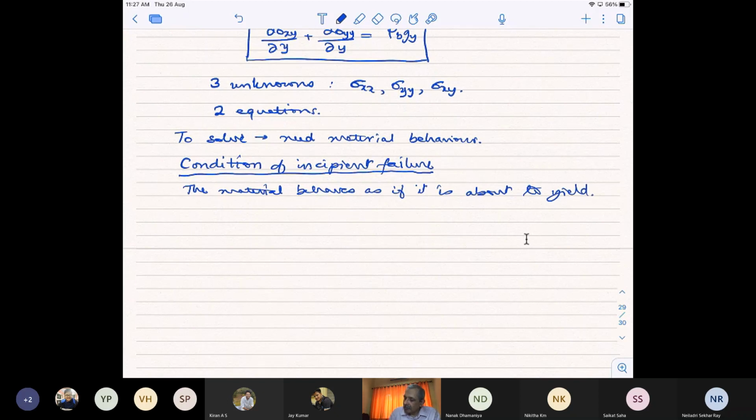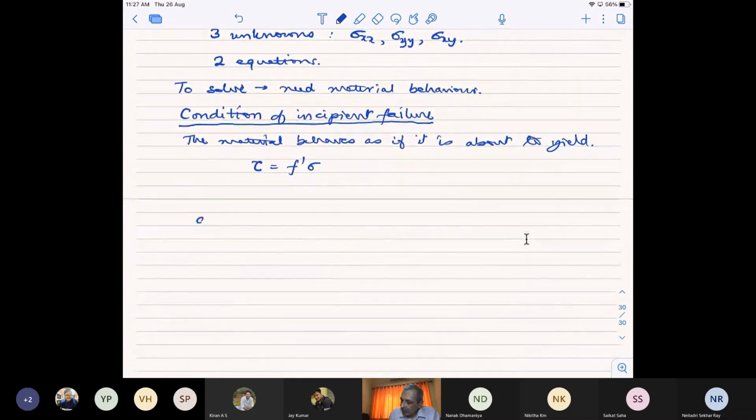That means your tau is equal to f of sigma at all points. So this will give us one additional equation.